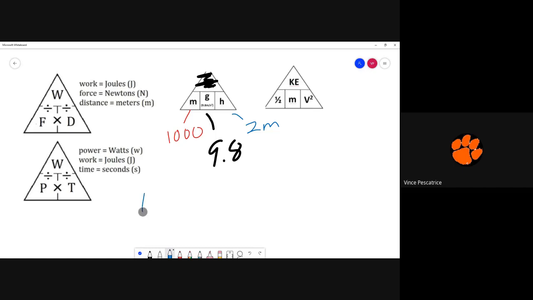So 1,000 times 9.8 times 2. Now, if you don't have a calculator, you can kind of guess what it is by rounding and getting an estimate.